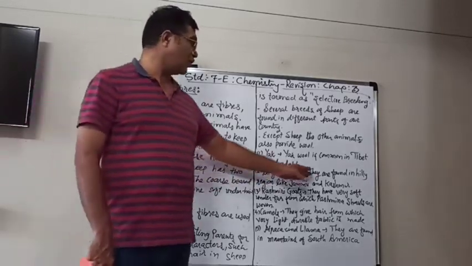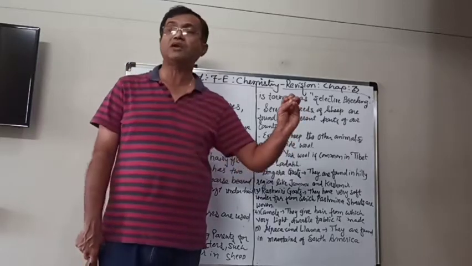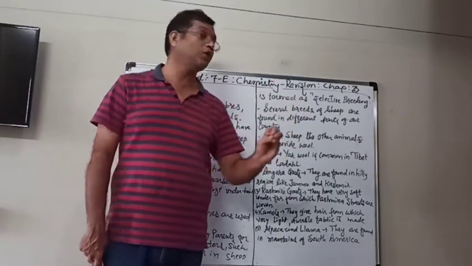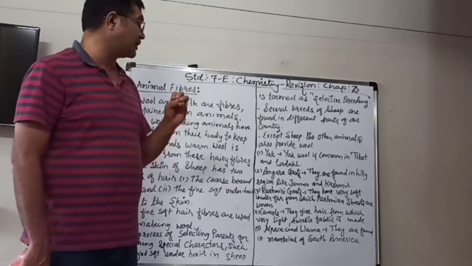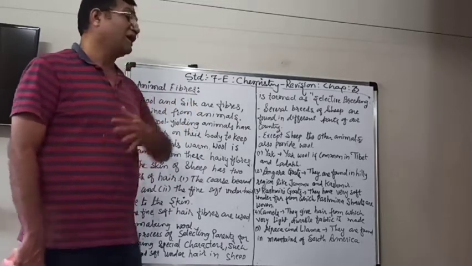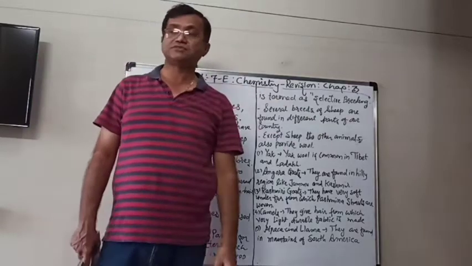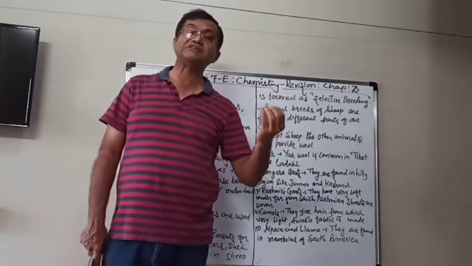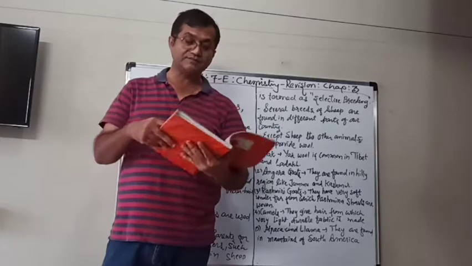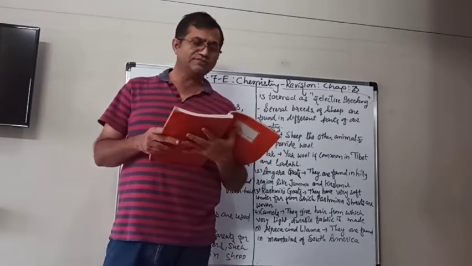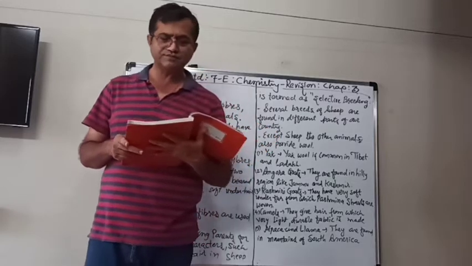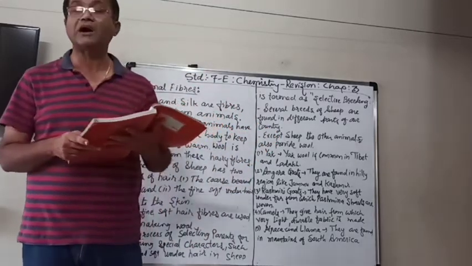Angora goats give the wool that is known as Angora wool, and these Angora goats are generally found in the hilly regions, especially like in Jammu and Kashmir area. They are available. So from that the wool obtained is known as Angora wool.